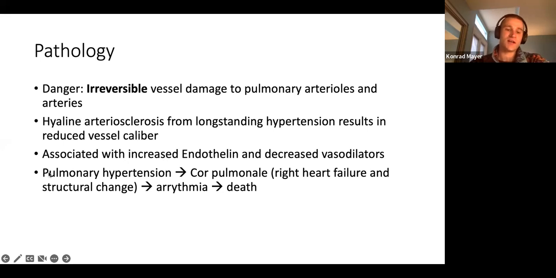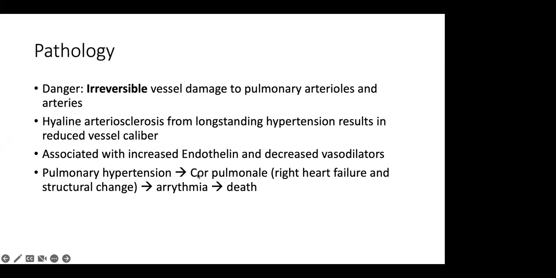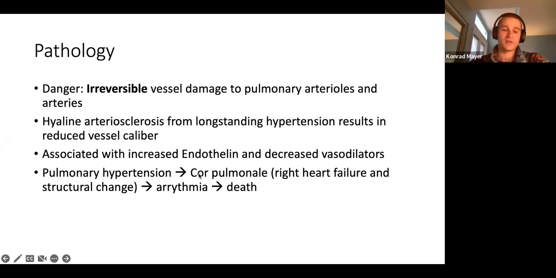Looking further down the line, and I referenced this in the heart failure lecture too, pulmonary hypertension, which can result from chronic lung disease, can have very bad consequences for the right heart. And if the heart, the cor, is affected by a pathology of the lung, it is called cor pulmonale. So this is right heart failure due to a pathology in the lung and has nothing to do with a pathology in the heart in the beginning.